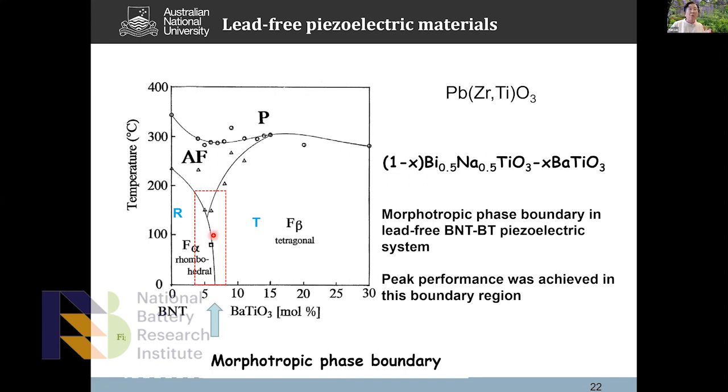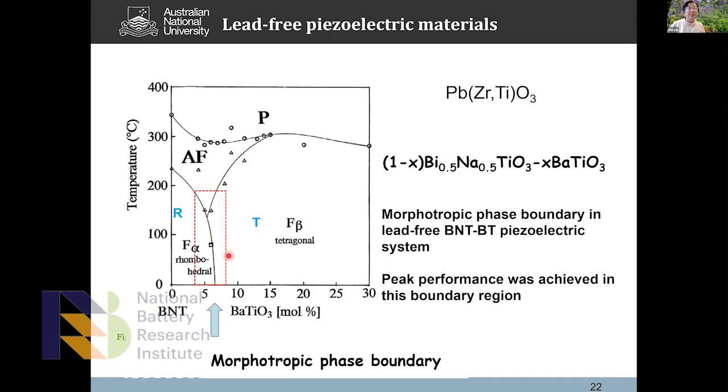One easy way people think is, whoa, that will be like a two-phase region. But if you physically put two phases together, you never get a good performance. So this definitely is not two-phase. Secondly, people used XRD or neutron diffraction to interpret it, and they found that it's a monoclinic phase, on average.